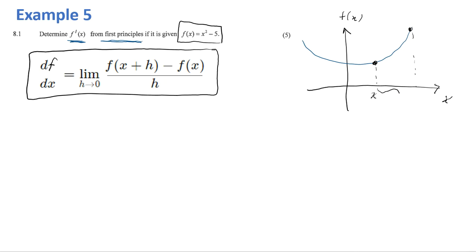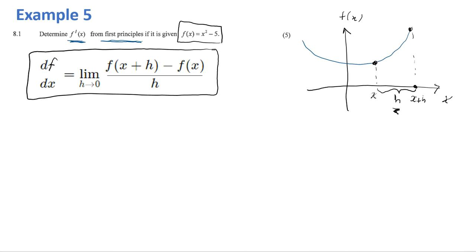We have some kind of distance here, which is h. And so the point here is x plus h. Okay, and remember this h is nothing but a distance indication, a symbol used for distance, so that can be L also, but in your case it's h.